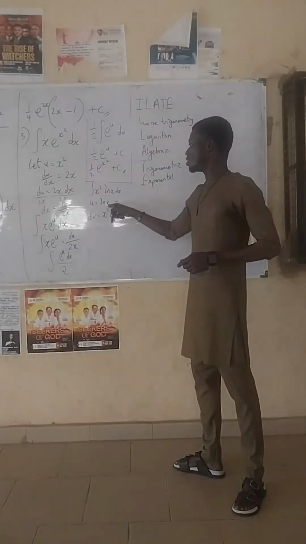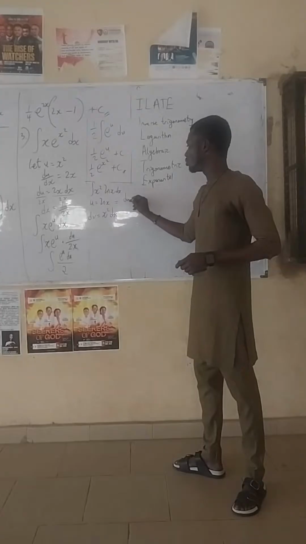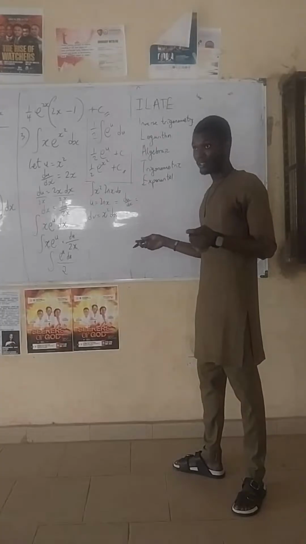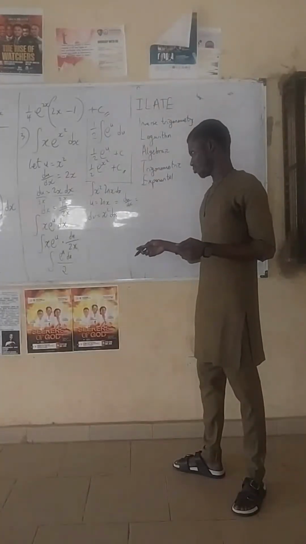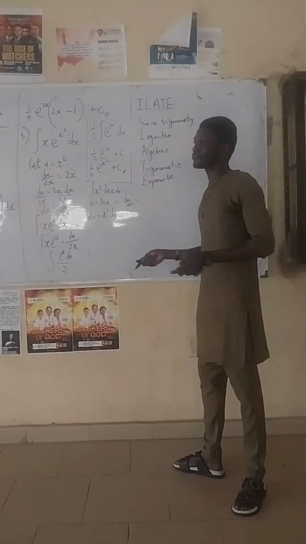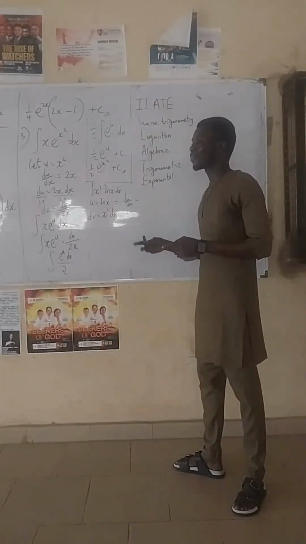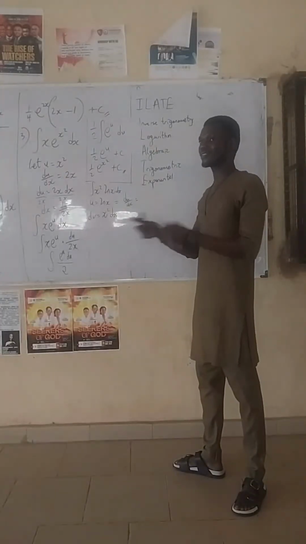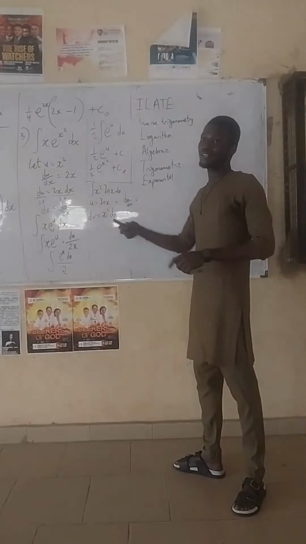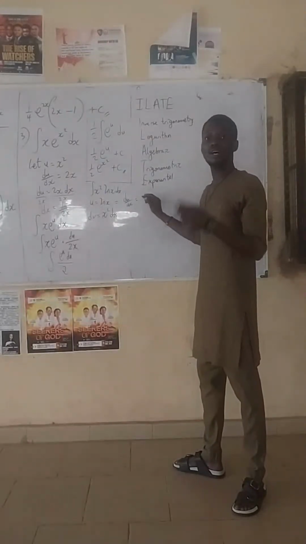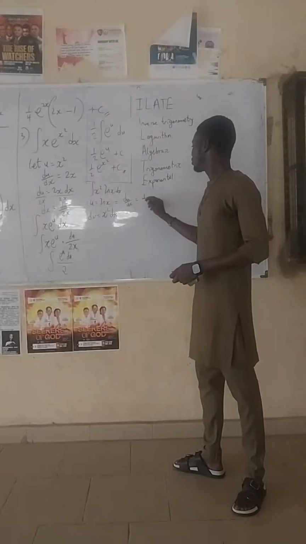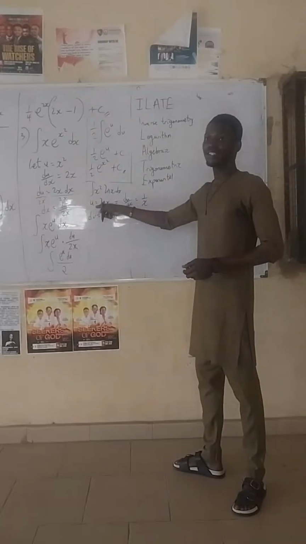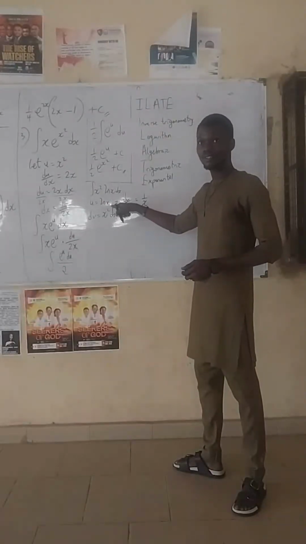So if u is this, du dx will be what? 1 over x, right? Our ln x, du dx is 1 over x, am I correct?